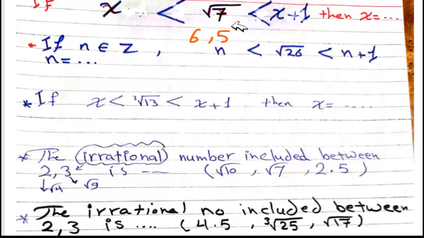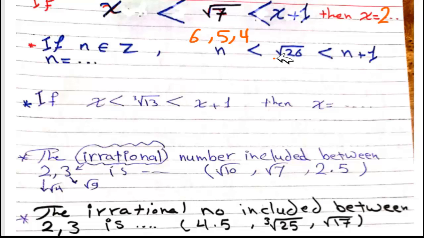I don't know. So 4. Perfect square, yes, the square root of 4 is 2. So x equals 2, and x plus 1 is 3. So root 7 is between 2 and 3. If you find it on your calculator, it will be 2 point something. Pretty easy, huh?